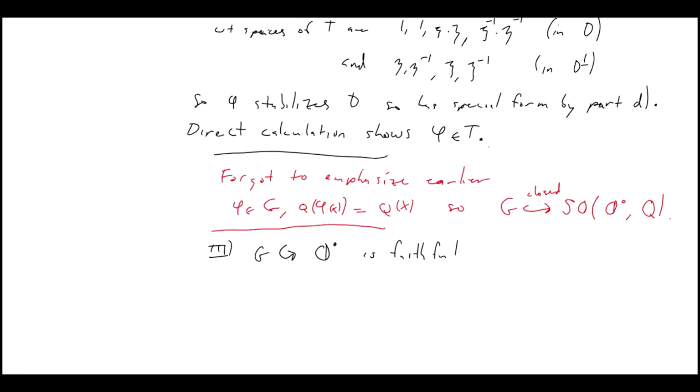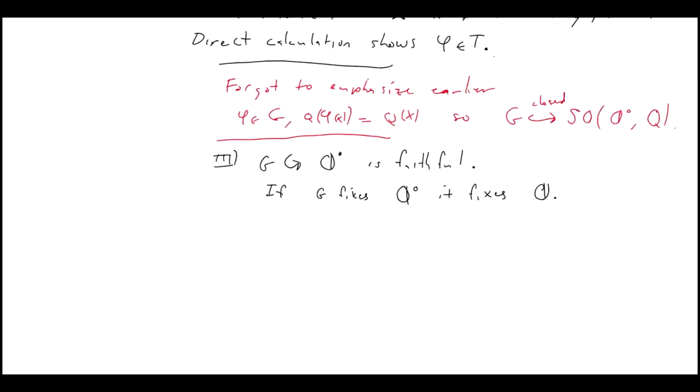So if G fixes O trace zero, it fixes all of O because it already fixes one. All right, so faithful is no big deal. The more involved part is that G acts irreducibly on the trace zero elements.